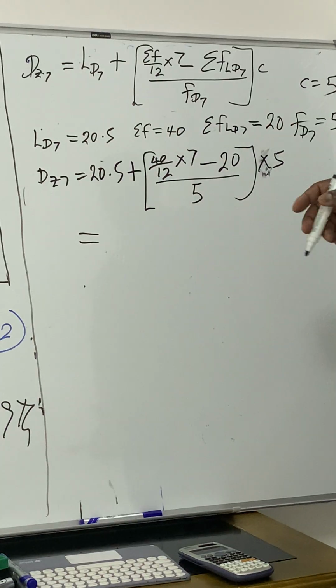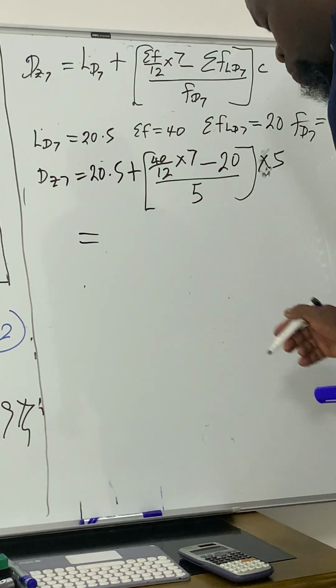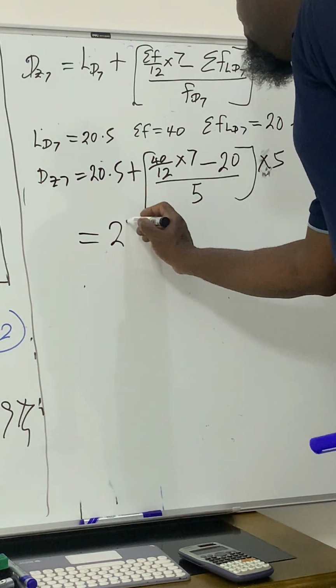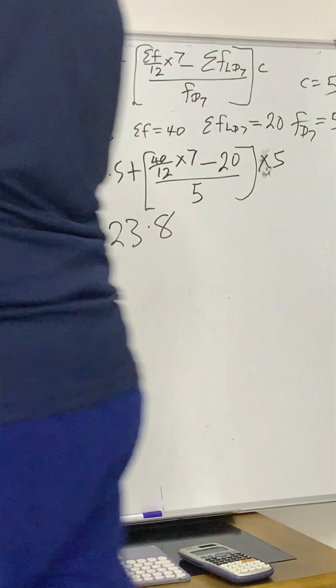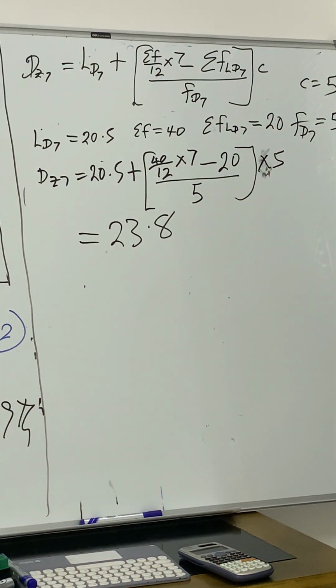Once you recognize it, you'll be able to put it in the calculator directly. So the whole result will give you 23.8, and if you check it, it is under 21 to 25. That's your 23, under 21 to 25. So that we now check our percentile in part 5.